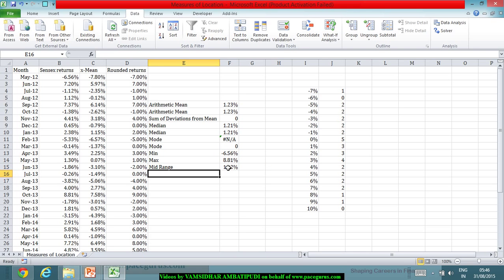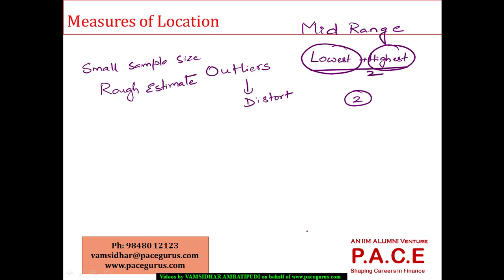So I'm getting around 1.12%. This is how we compute the mid-range, the average between the minimum and the maximum value, ignoring all the other data elements altogether. So these are the four different forms of measures of location or measures of central tendency that we all need to be comfortable with, right?